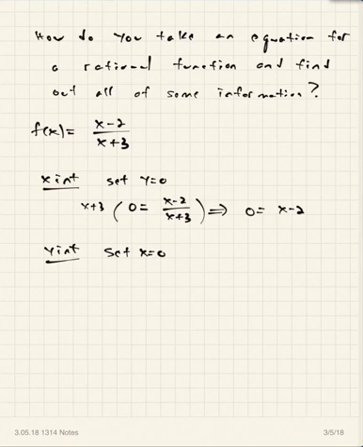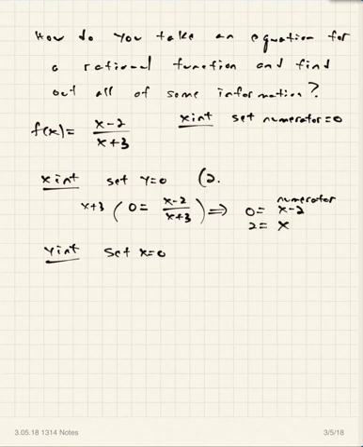But notice what we were left with was the numerator. And so the good news here is that the x-intercepts are always, for these functions, going to be set the numerator equal to 0. So that's good. And you just get x equals 2. And so the x-intercept for this function is at (2, 0).